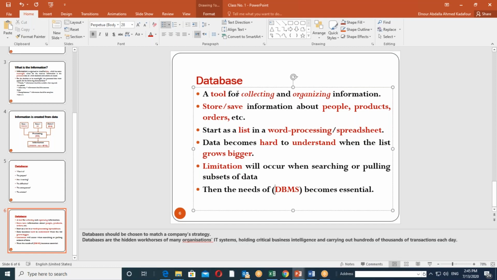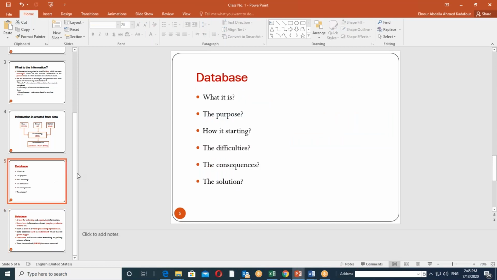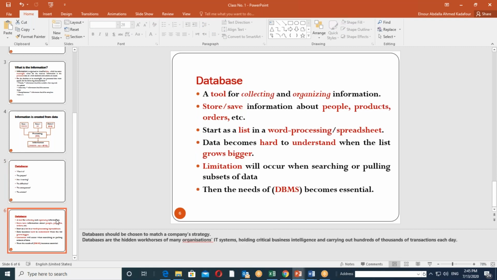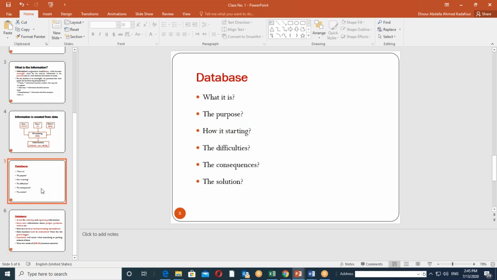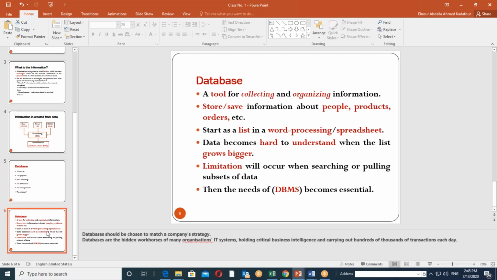To make this slide easiest for me, I have to ask myself this question. First, what is a database? It is a tool for two things: collecting and organizing information. The goal of this database is saving information about anything: people, products, orders, as I told you.